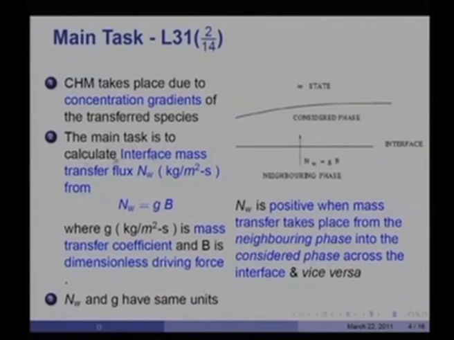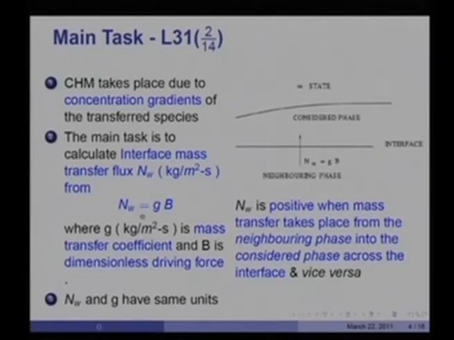Our task is to show that N_w is actually directly proportional to the driving force of mass transfer B. B is a dimensionless driving force, and the constant of proportionality then is called the mass transfer coefficient, g, again in kilograms per meter square second.